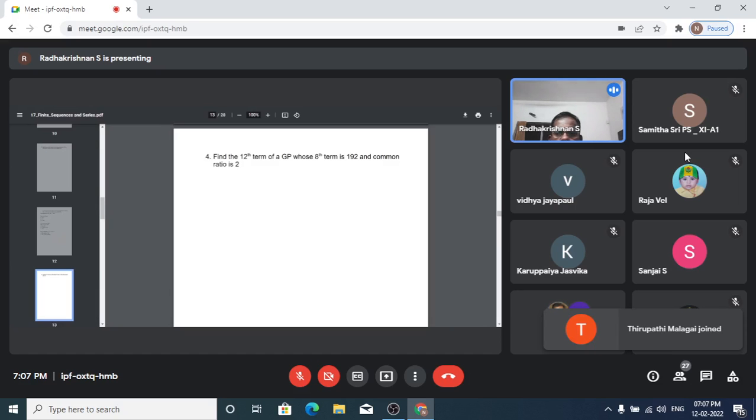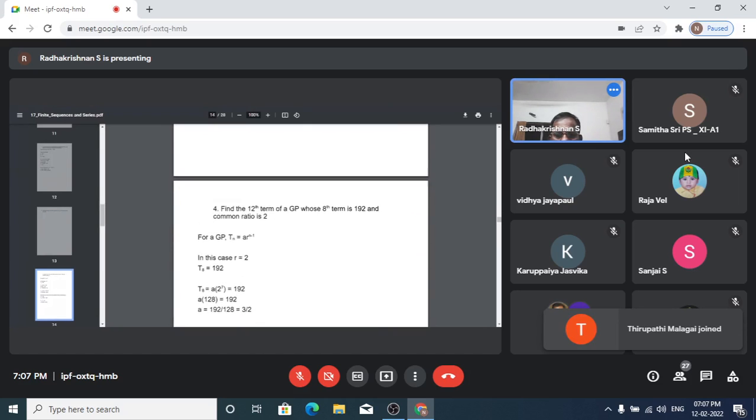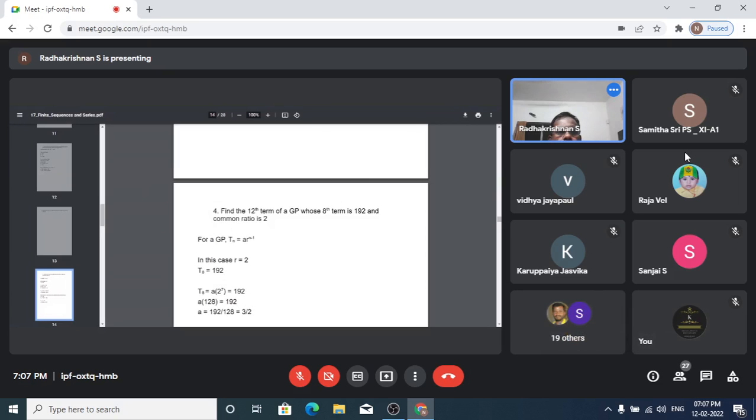So T12 will be, because they are given R equal to 2, and T8 is 192, so A into 2 power 7 is 192, so that means A is equal to 3 by 2. So if we have T12 and the formula போட்டு கண்டுபிடிச்சிடலாம். Again the same formula, A into R to the power of n minus 1.